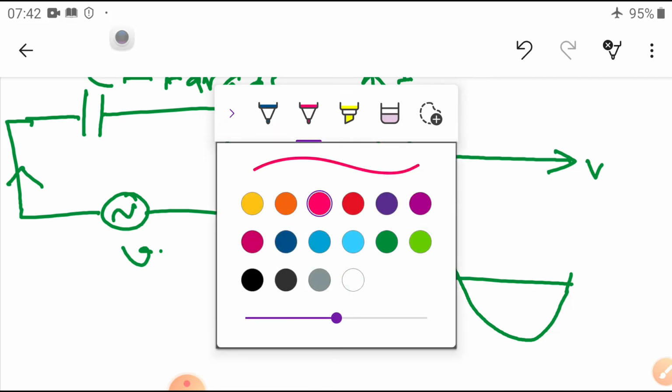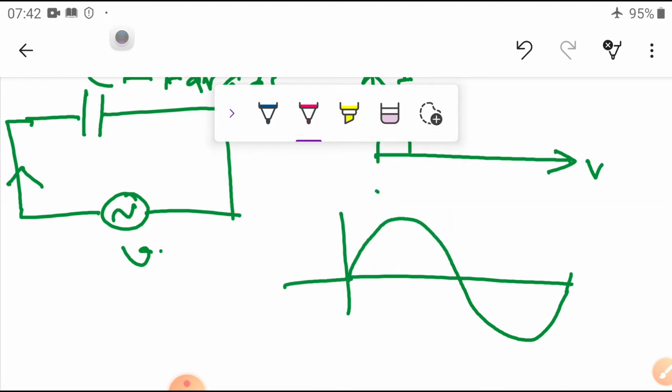Here the current, instead of starting here, will start here, because it advances by 90 degrees. That means this is the current, this is the voltage.